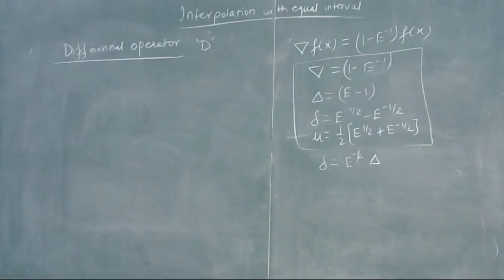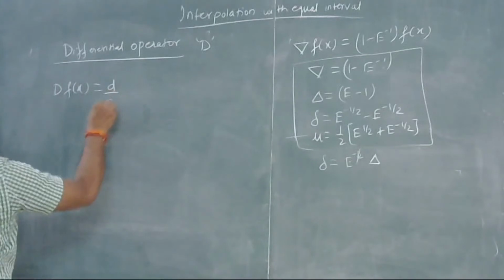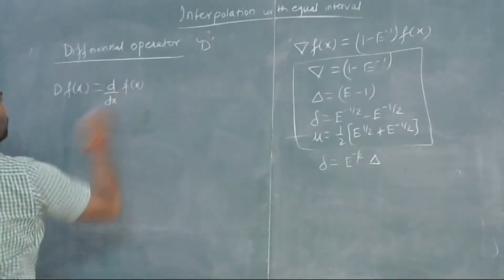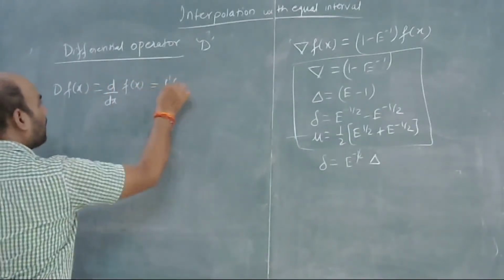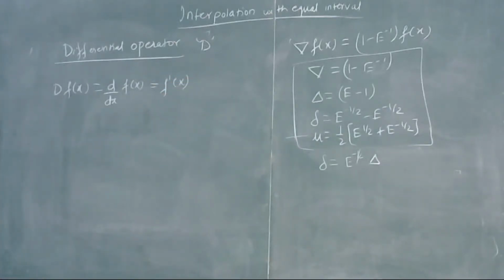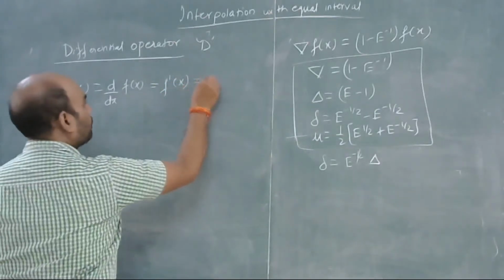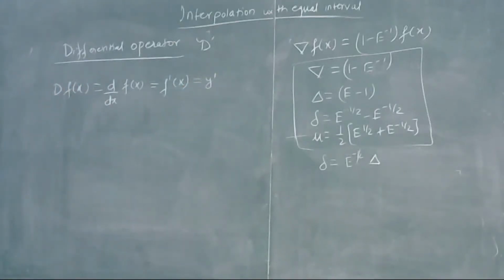D f(x) is the differentiation of f(x) with respect to x, which is equal to f'(x). Now we have taken it as y, so we have y'. You have seen this earlier: D is the differential operator, D f(x) is equal to d/dx f(x), and f'(x) is equal to y'.